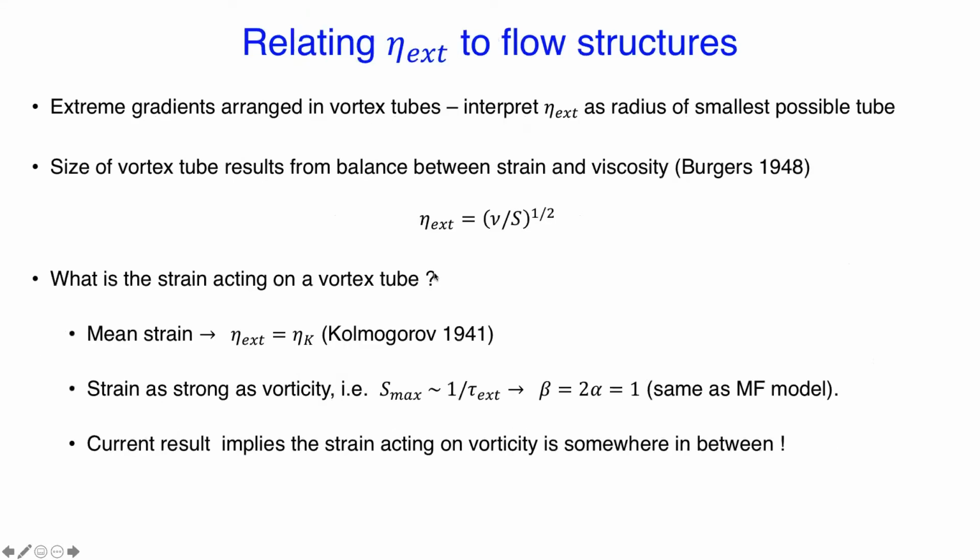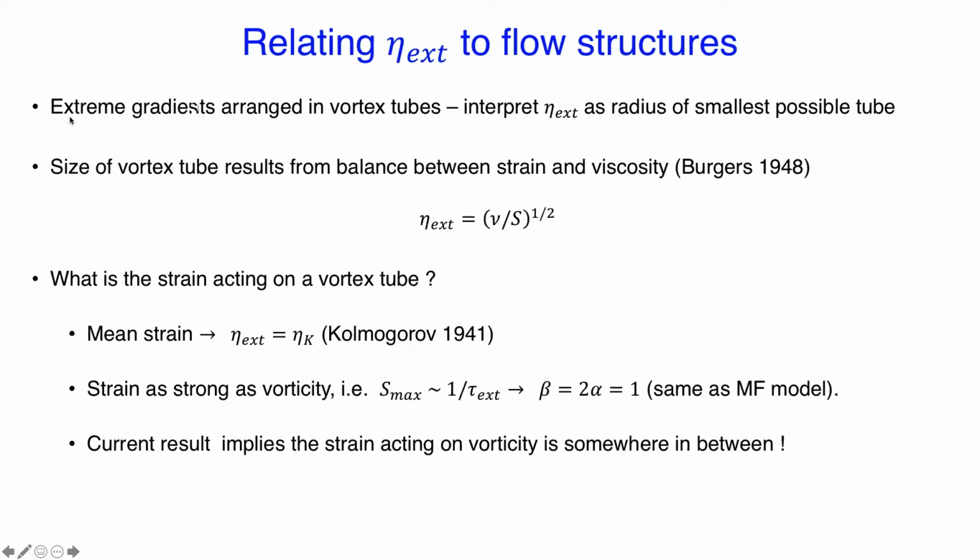So then we said, can we try to explain the results we have in a slightly different manner, and instead of relying on some abstract description, why don't we try to relate it to the flow structures that we already saw in the flow.